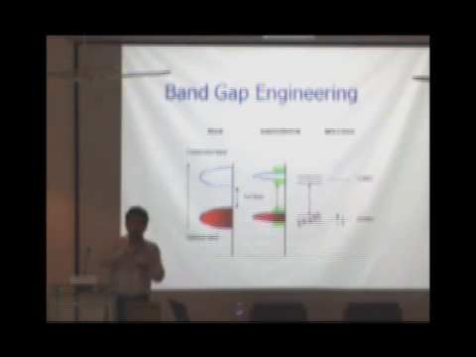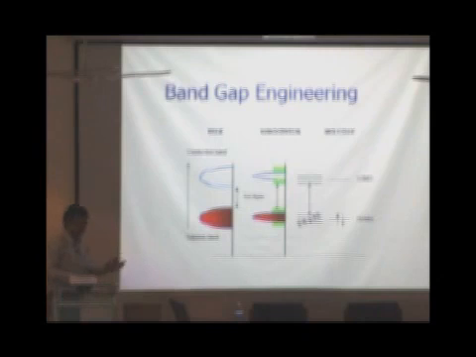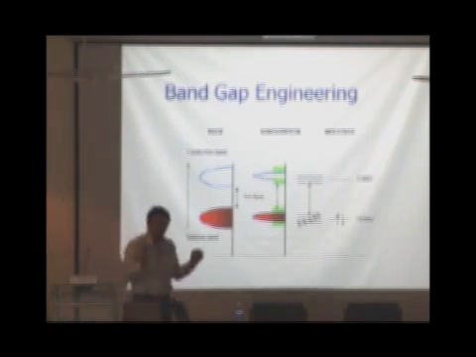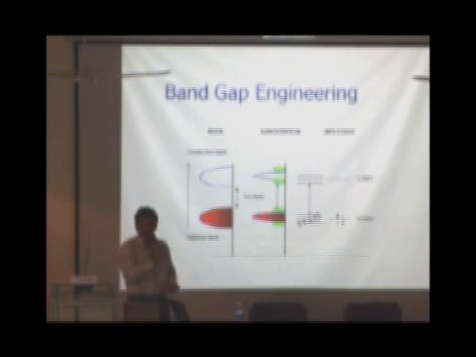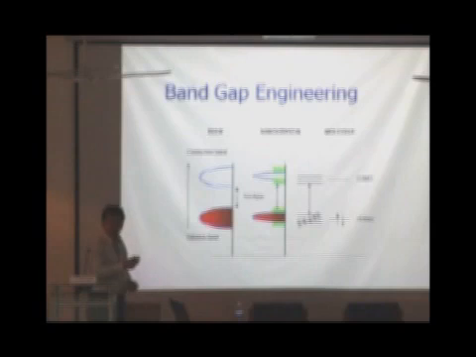You decrease the length of the box, you increase the energy level separation. That's exactly the same thing that you're seeing in these quantum dots. So you decrease the size of the nanocrystal, you increase the energy level separation, and that energy level separation can be correlated with the band gap.